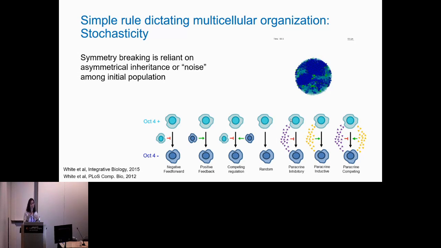And so one thing we found when we were modeling various types of morphogen-based communication is that we could look at various putative mechanisms that would explain our observed patterning of clusters of OCT4 positive and OCT4 negative cells.